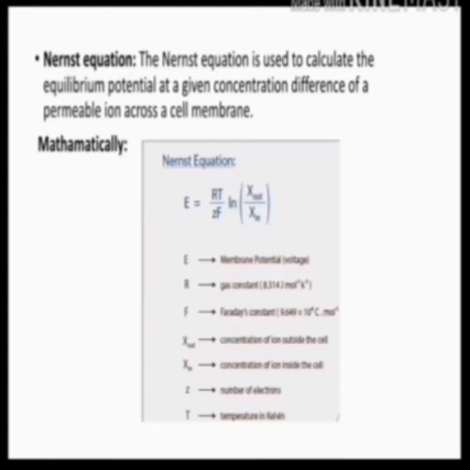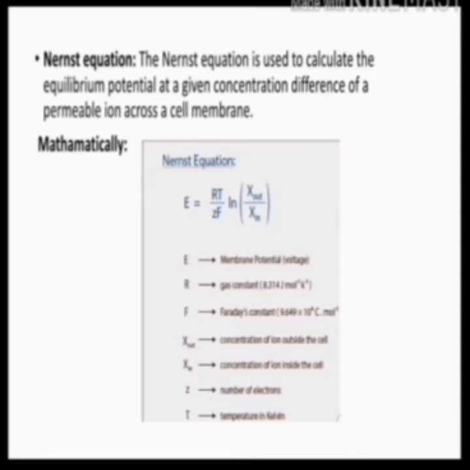Nernst equation. What is the Nernst equation? Where can I use this? It is a calculation of voltage or potential difference. Which potential difference? A charged particle which moves from high concentration towards low concentration has a certain voltage or potential difference. That potential difference is known as the diffusion potential, which we discussed previously.